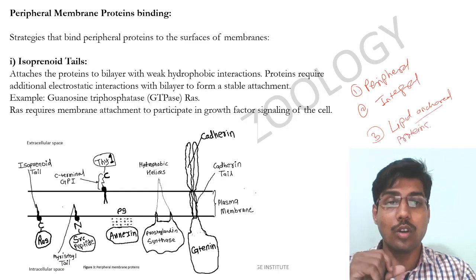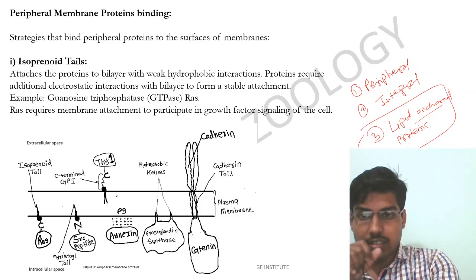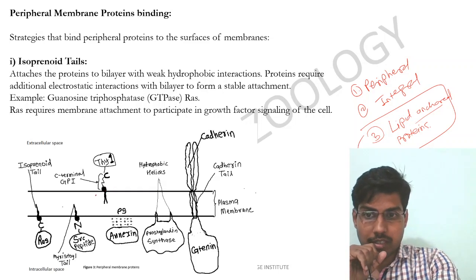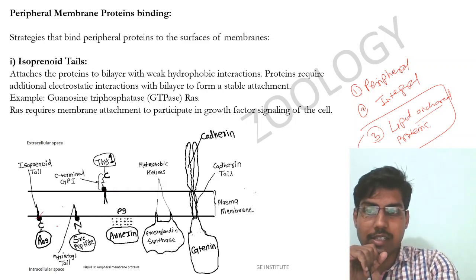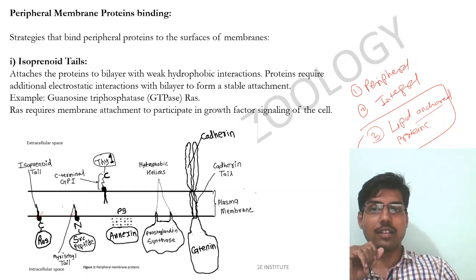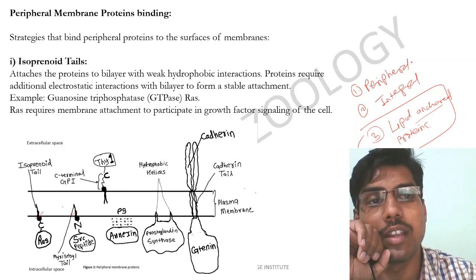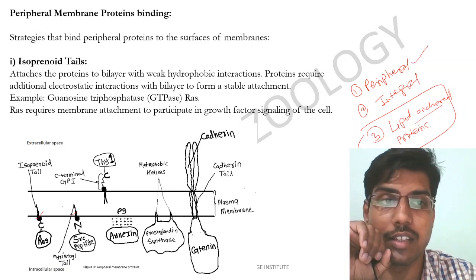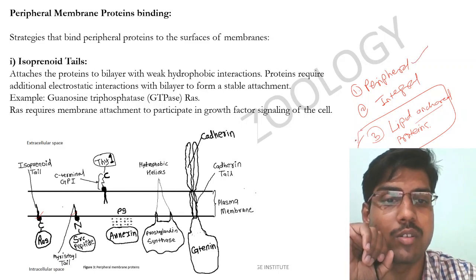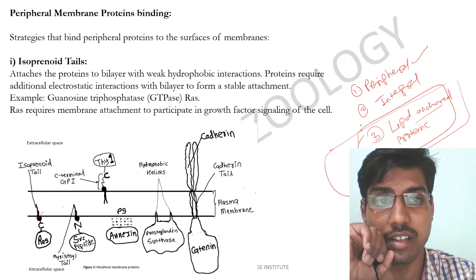Examples of lipid anchored proteins are the isoprenoid tail, the myristoyl tail, or the GPI anchored. If you mention them once in peripheral proteins, it is not necessary to give a separate classification of the lipid anchored protein because it is already covered in the peripheral.